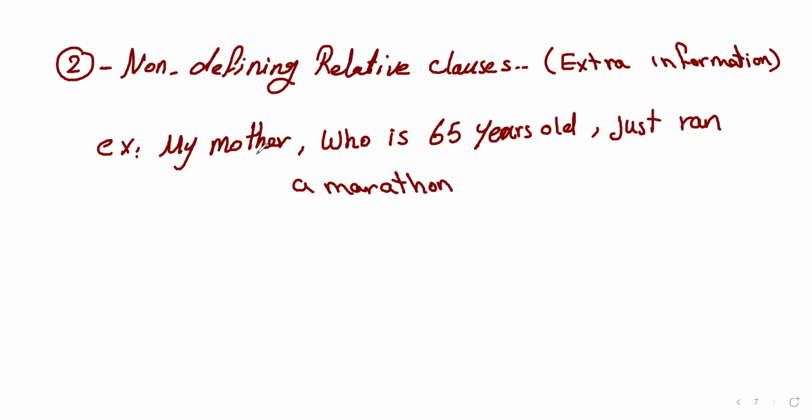Okay. Let's try to extract this extra information from the sentence. My mother just ran a marathon. It's nice, and we can understand it without this extra information, who is 65 years old. So I don't need it. Okay, this is extra information. The main point is that my mother ran a marathon. Her age is extra.